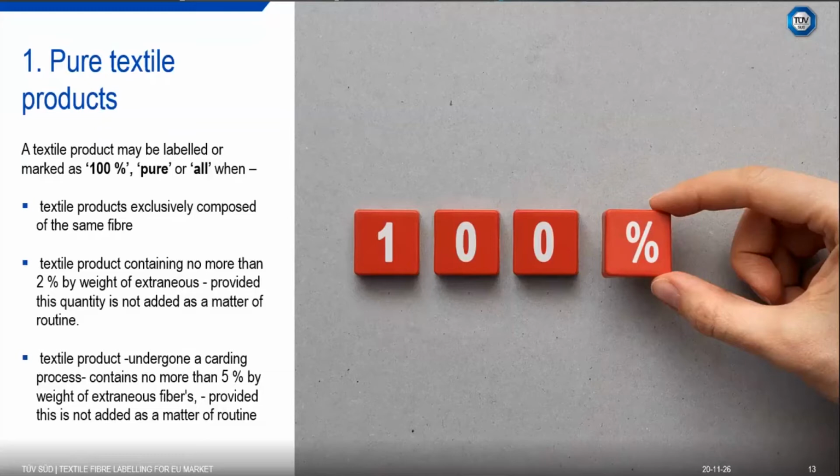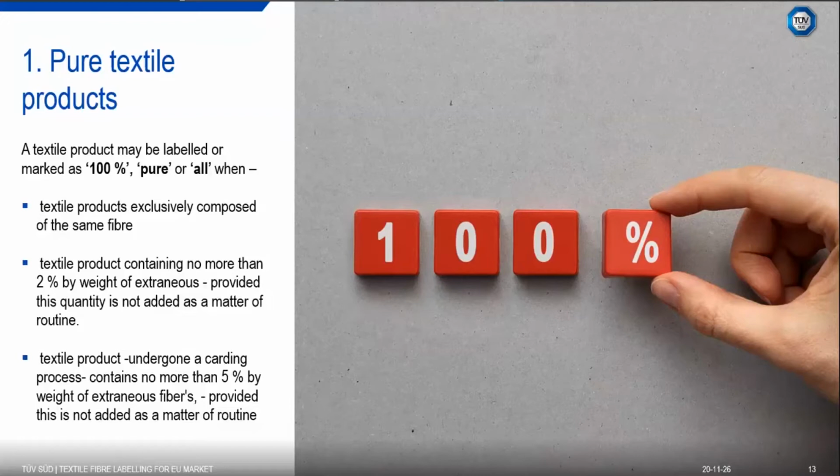There are certain criteria we have to understand when such products are labeled as 100% cotton or 100% wool. The product has to be exclusively made up of a single fiber. In case any extraneous fiber or contamination is there, that cannot be more than 2%.